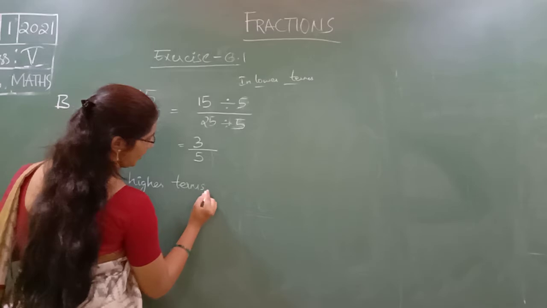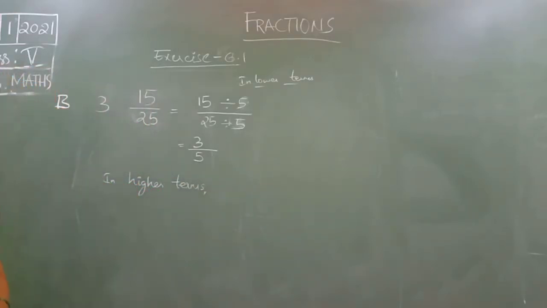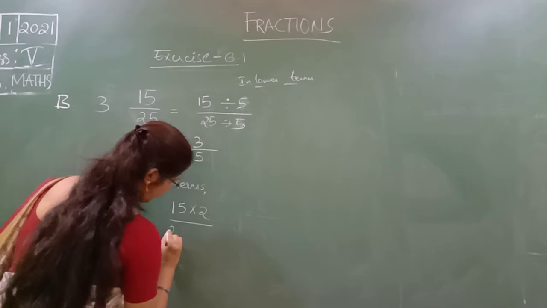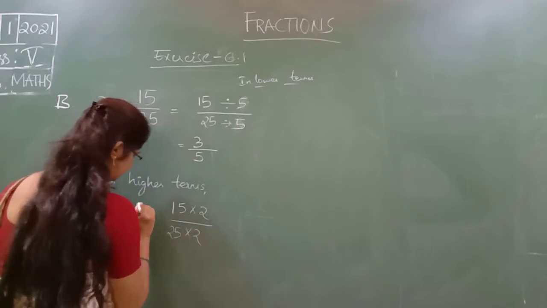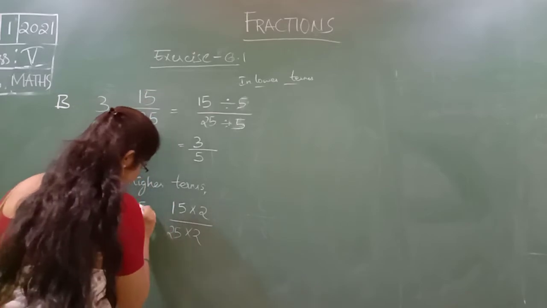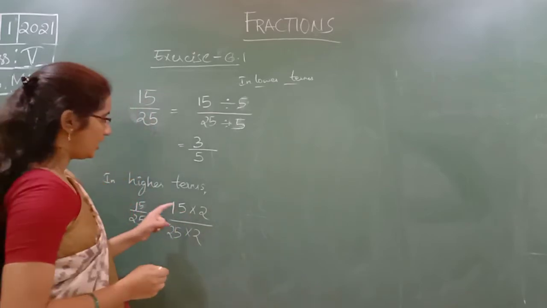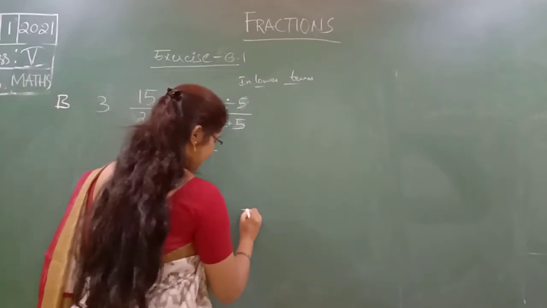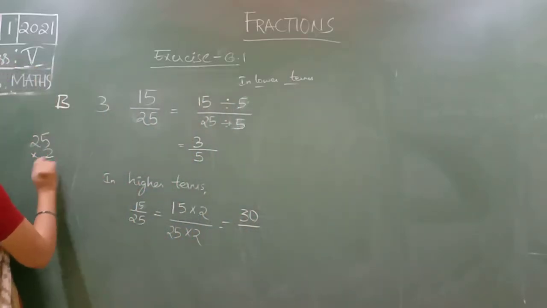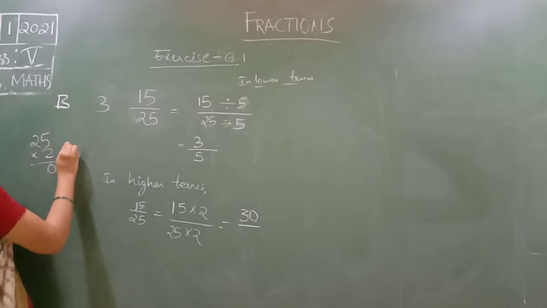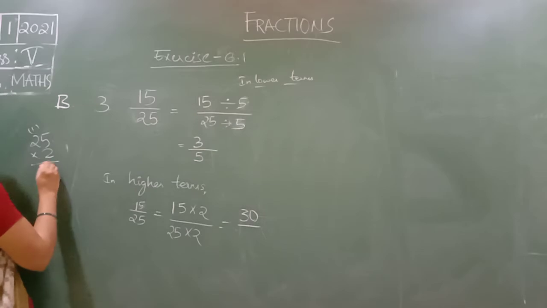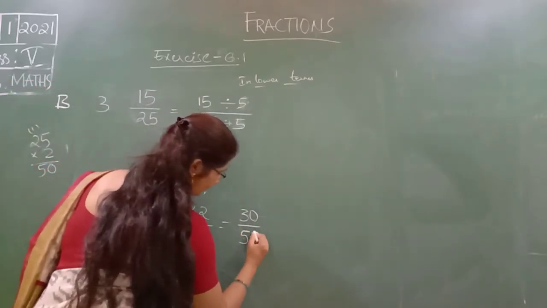We'll multiply by 2. 15 into 2 by 25 into 2. 15 into 2 how much? 30. 5 2s are 10, 0, 1 carry. 2 1s are 2. 1 plus 1 is 2. 25 into 2: 5 2s are 10, 0, 1 carry, 2 2s are 4, plus 1, 5. 50.